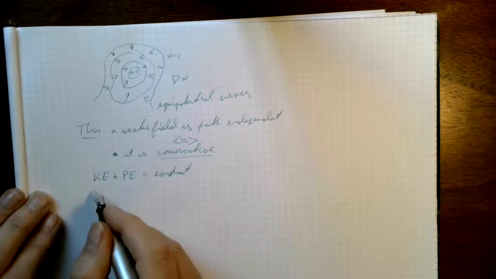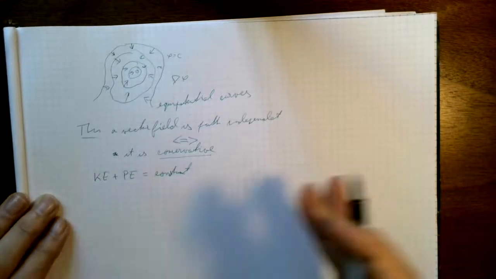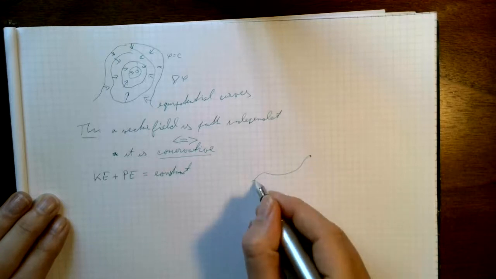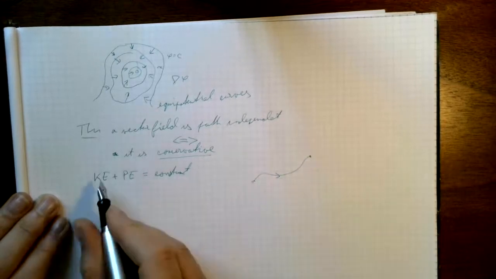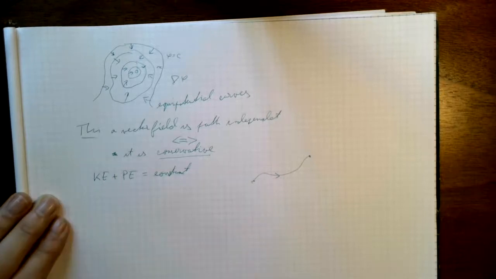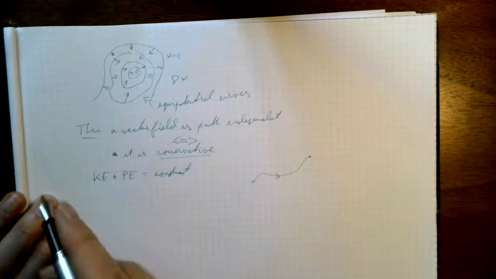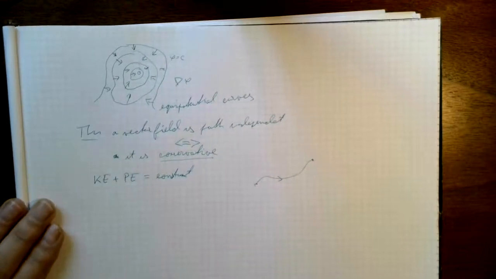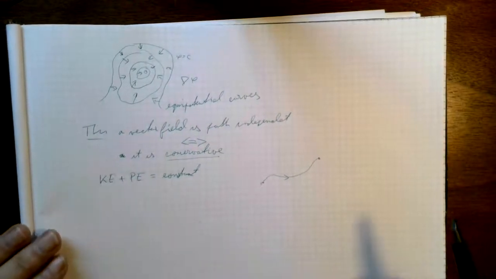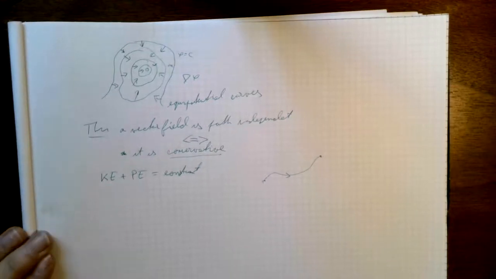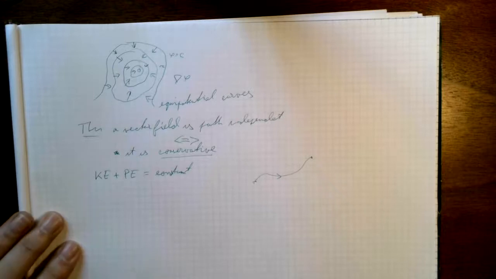As I'm moving along some path, or some particle is moving, the sum of the kinetic energy and the potential energy is always constant. Each one of these can change, but their sum is constant. This is in an introductory physics class, if you have a pendulum.